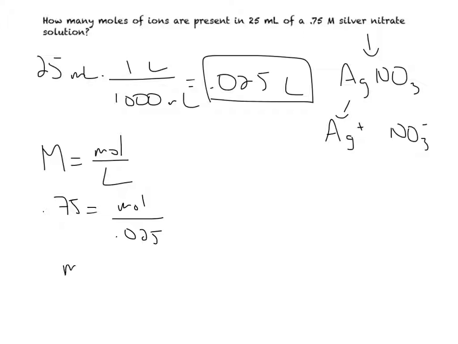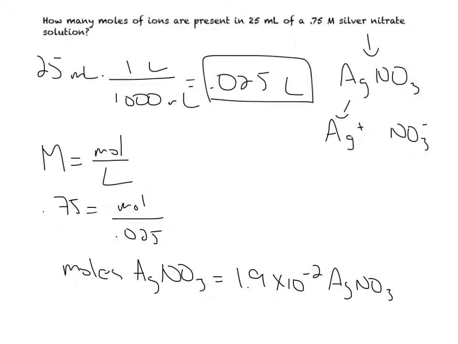We solve this and we get the number of moles of AgNO3 is equal to 1.9 times 10 to the negative 2. Then since there are 2 ions in AgNO3, we multiply that answer by 2, and we end up with 3.8 times 10 to the negative 2 moles of ions. Okay, so that's a sample molarity calculation.